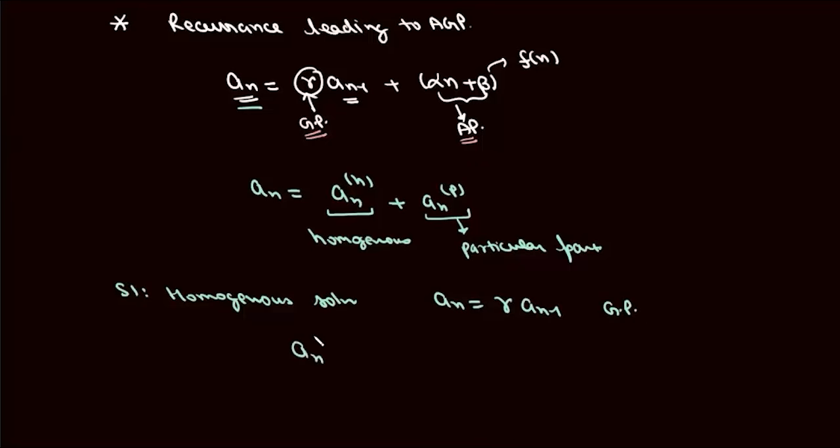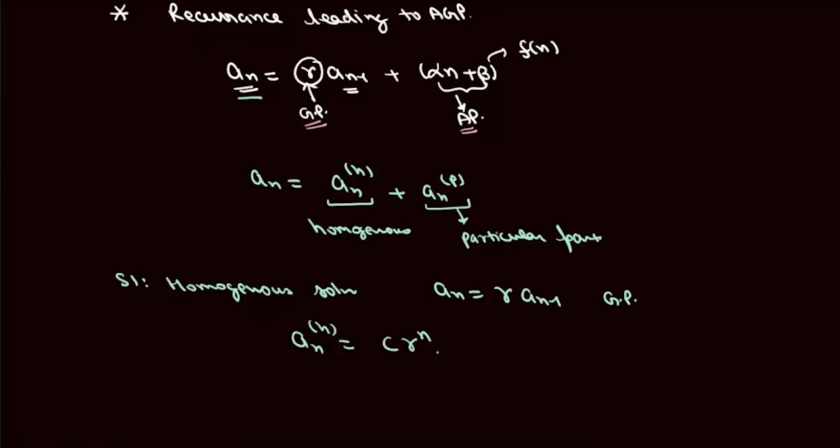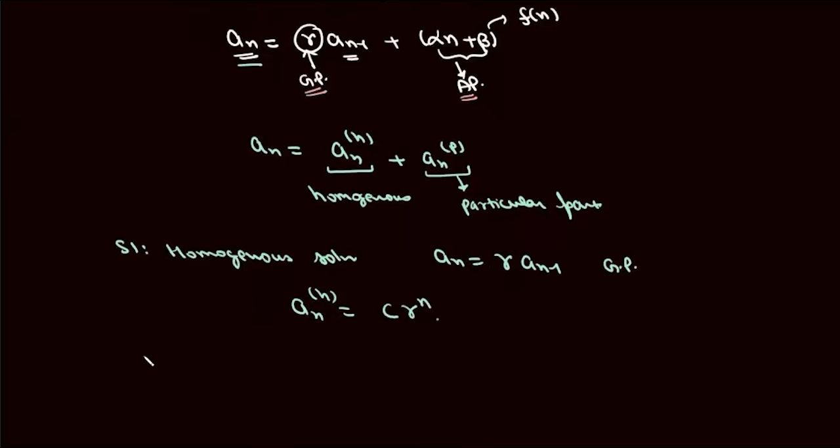So we'll get this an as some constant into r to the power n, where this r is the characteristic root. Now we'll try and find a particular solution, and that'll be our step 2.